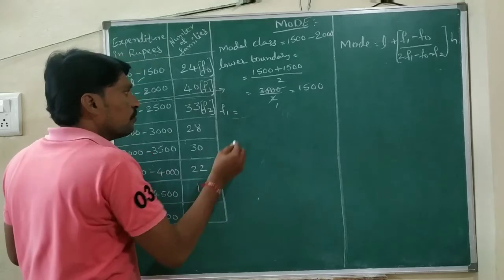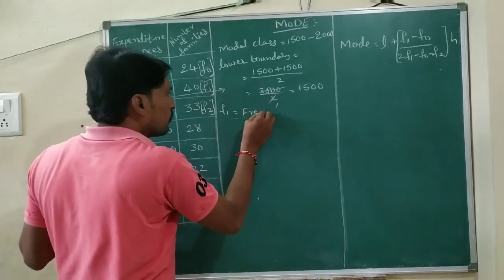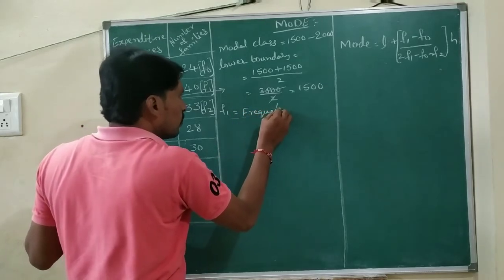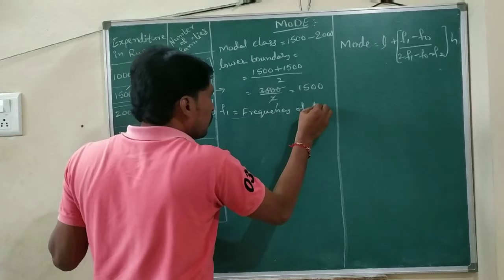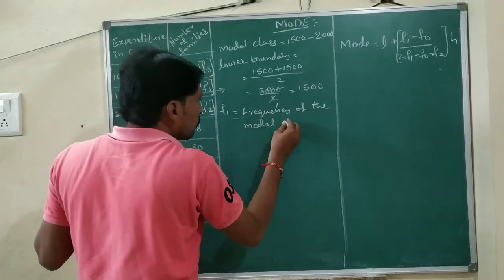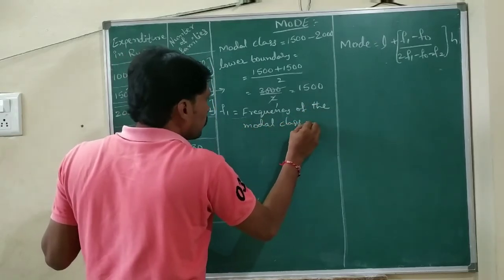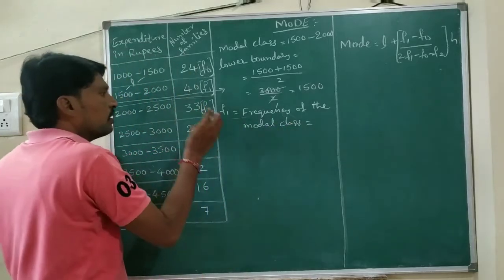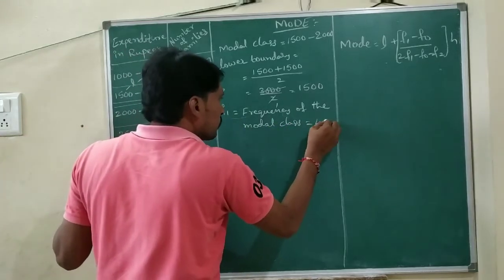Next, F1 means frequency of the modal class. F1 is 40.